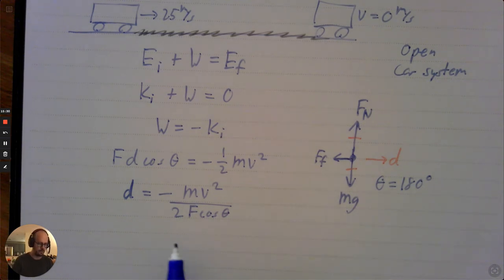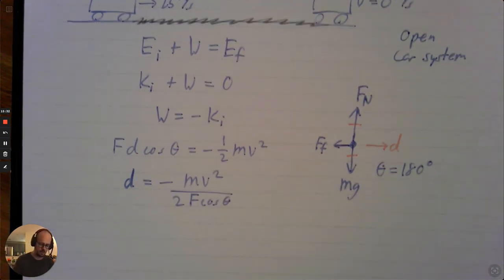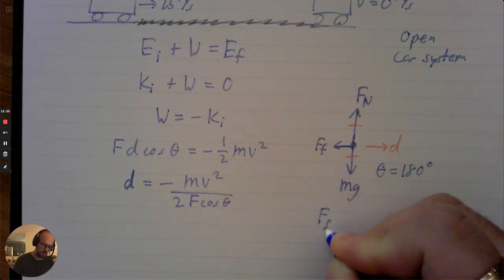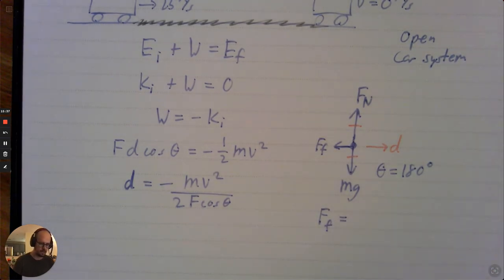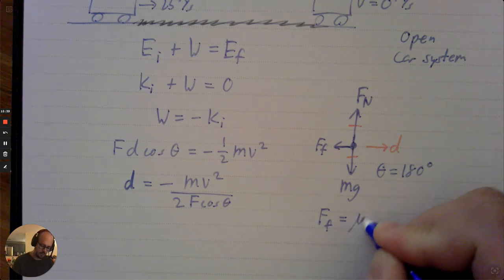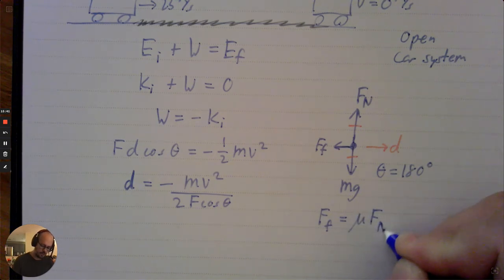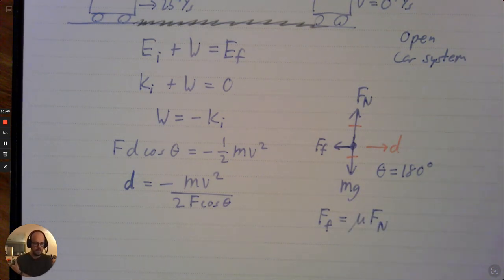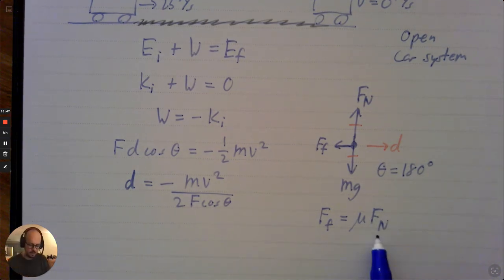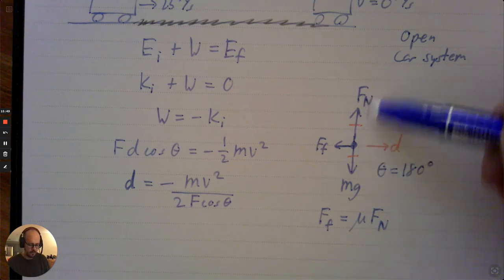So I'm going to do some work outside of this equation for a minute and just remind you that the force of friction, if we're talking kinetic friction, is equal to mu times the normal force. And we did this a lot in the forces unit. So this is the friction equation, and the normal force is a vertical force.